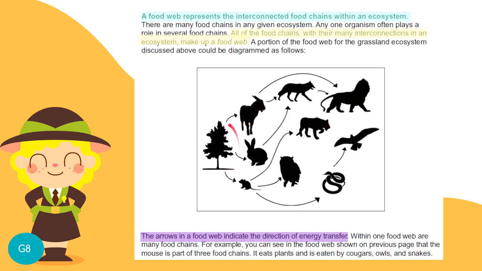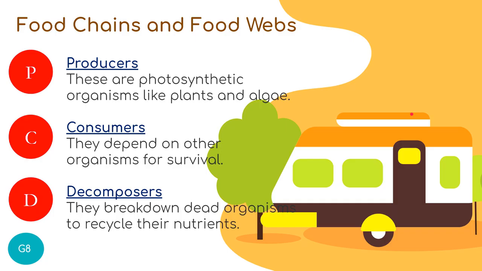For example, this is your producer, then this is the first primary consumer, then that primary consumer can be eaten by this next consumer, or it can be eaten by this consumer and then by this consumer. The arrow points to the direction of energy transfer, who eats whom. That's an example of a food web.